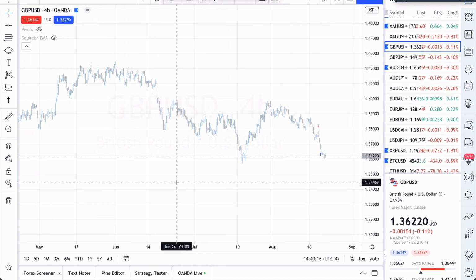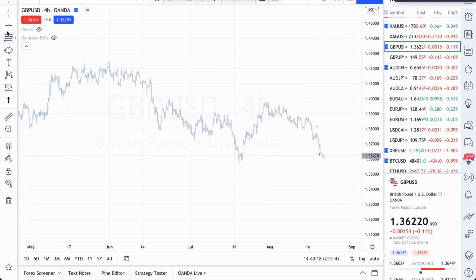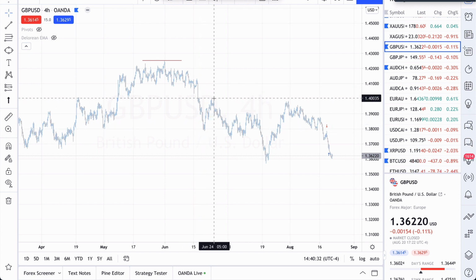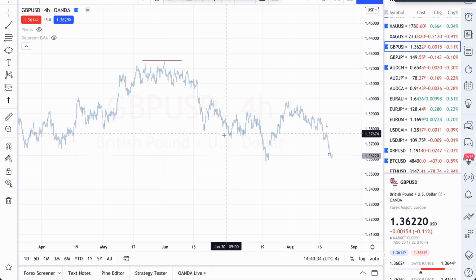Using this, here's a high point right in here. I could use this as a low and see if it came back and then retrace down.